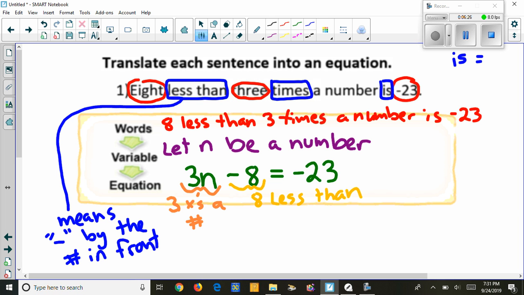Each of these is going to be set up with a similar kind of formula. We're going to go through, pick out our words, and piece it together using that table from that previous slide.